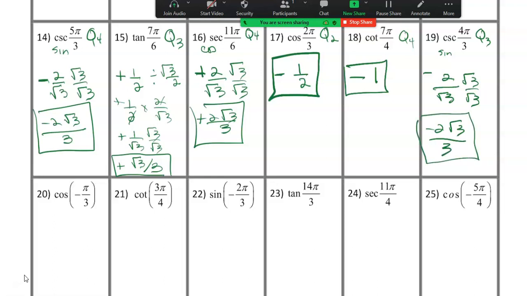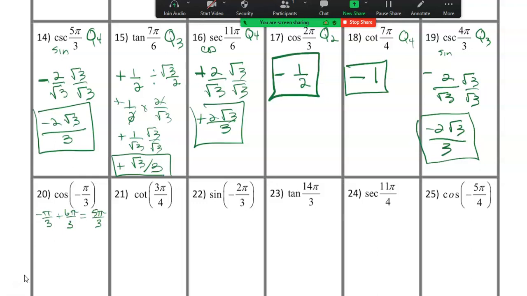Okay, we keep going. Cosine of negative pi over 3. Now, you can think about this, or you can just use coterminal angles, whatever you find easier. This is 6 pi over 3. That's going to be 5 pi over 3 is your coterminal angle. So we want the cosine of 5 pi over 3. 5 pi over 3 is in quadrant 4, which is exactly where cosine is positive.